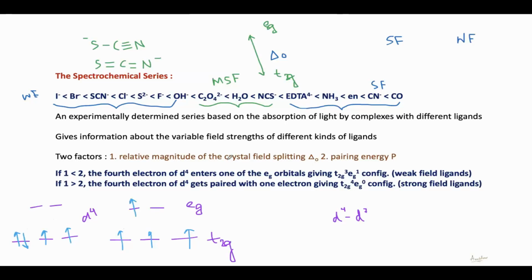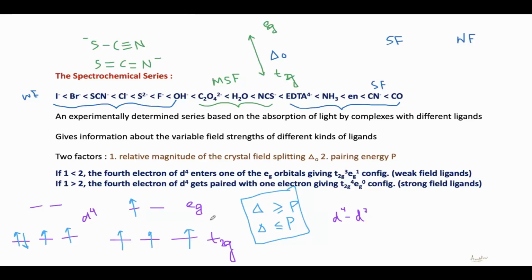First one is delta, the crystal field splitting parameter, and the second one is the pairing energy parameter. What will be the relation between these two? Whether delta is greater than or less than the pairing energy. According to these two possibilities, the electronic configuration will be determined.